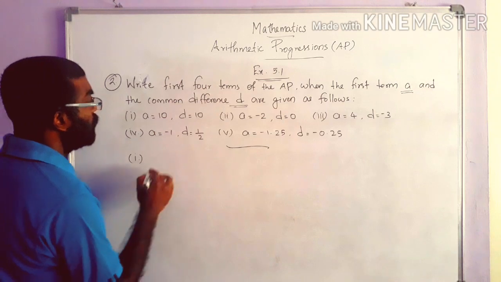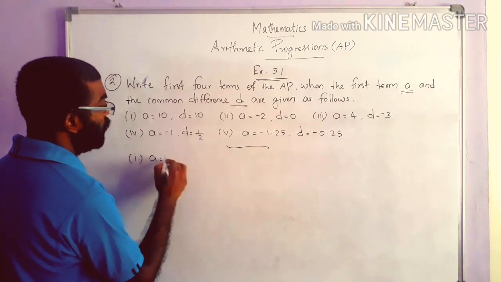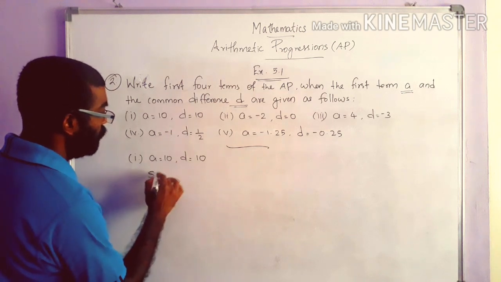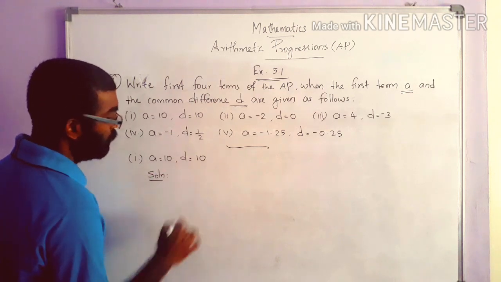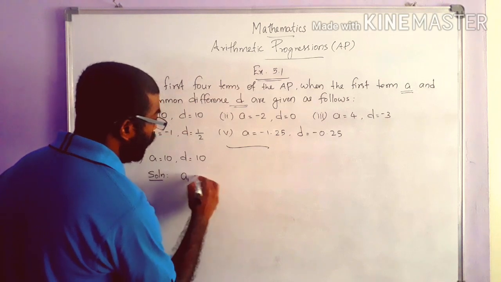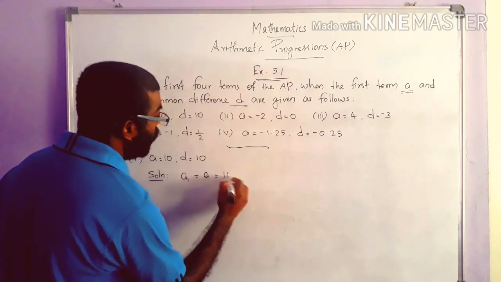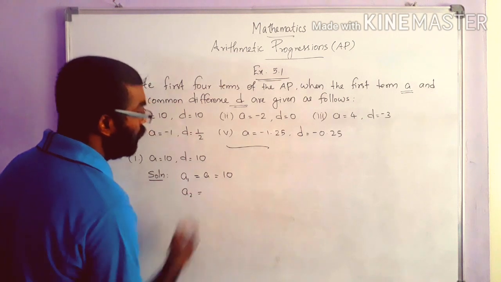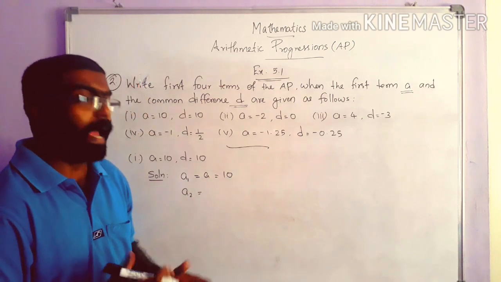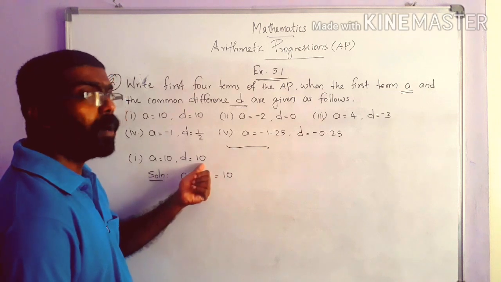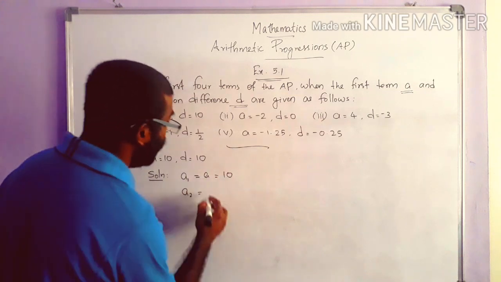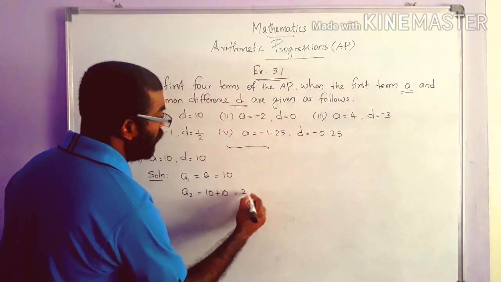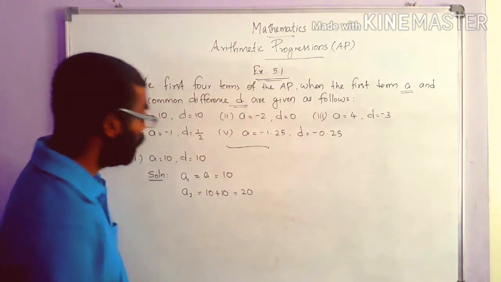For the first sub question, A is equal to 10 and D is also equal to 10. First term A1, clearly it is A, which is equal to 10. And the second term A2 is got by adding D, common difference, to the first term, that is 10 plus 10, which is equal to 20.